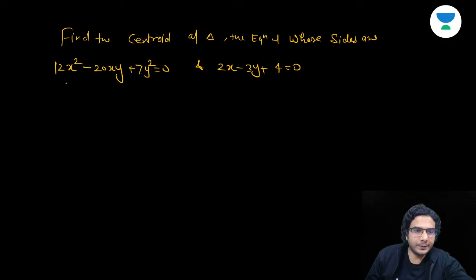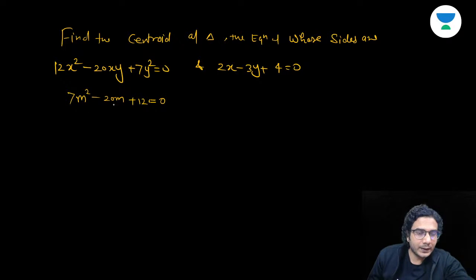So you just need to separate these lines. What are the lines you are getting? You can make a quadratic: 7m square minus 20m plus 12, by dividing this equation by x square.